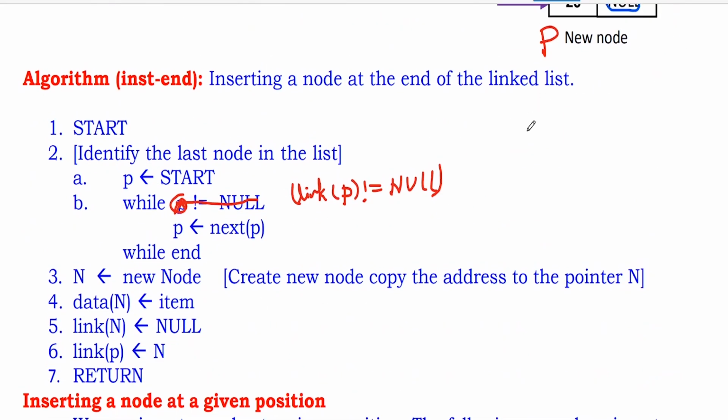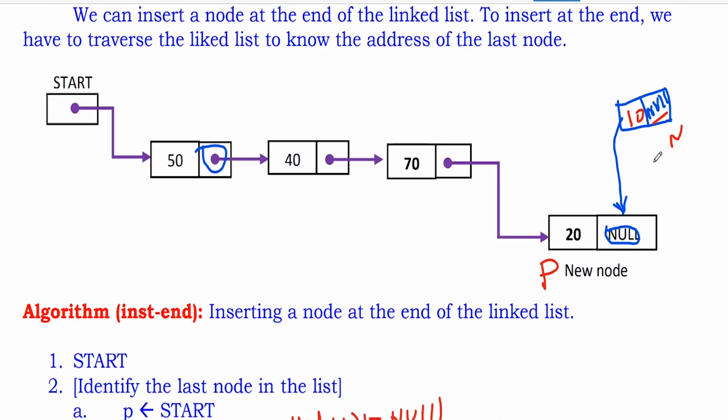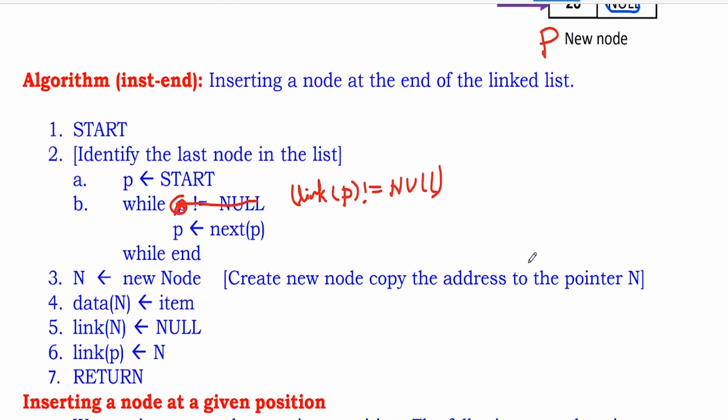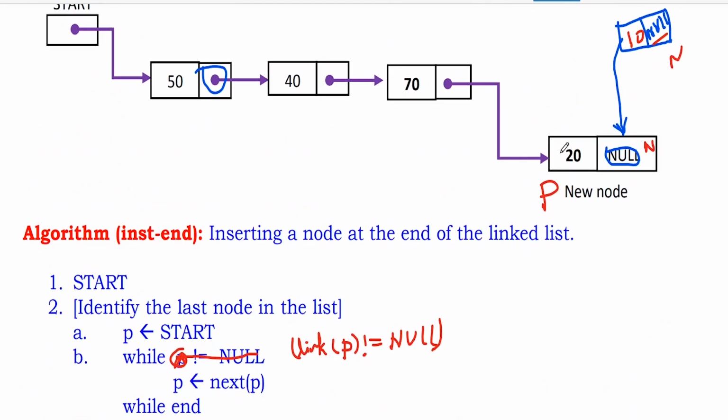And link of p, which was presently null, there we copy n, where n is the address of this node. Thus, now this node is inserted at the end of the linked list. So this is how it is, very simple.